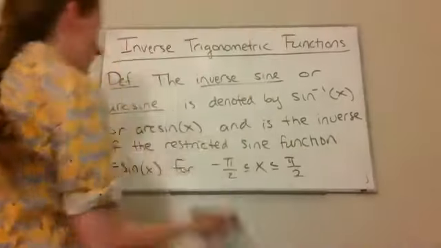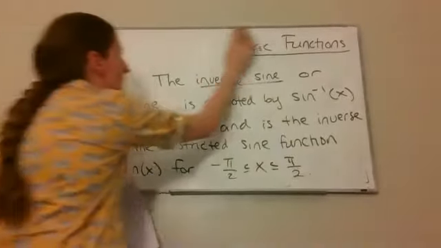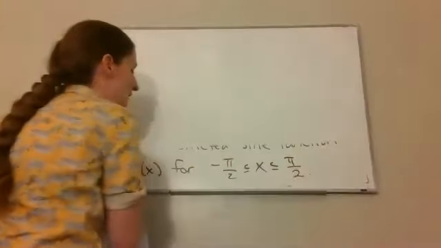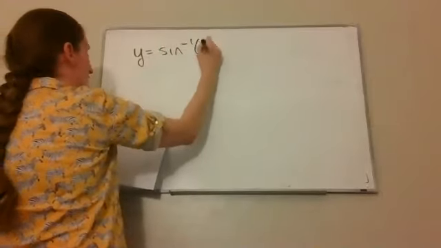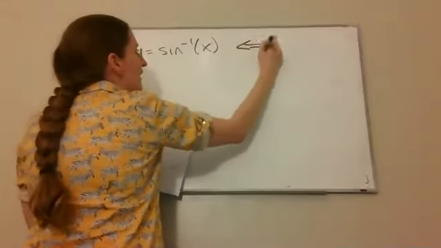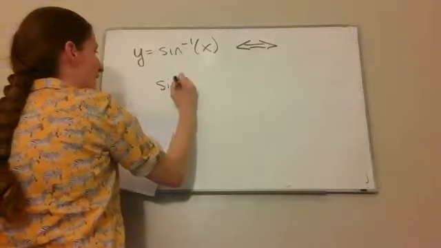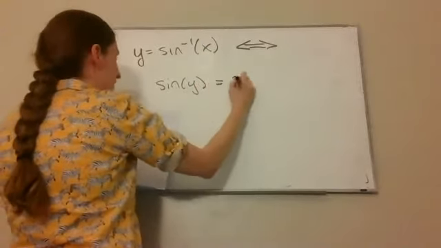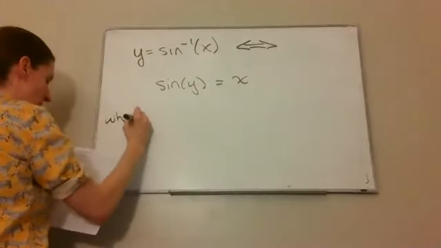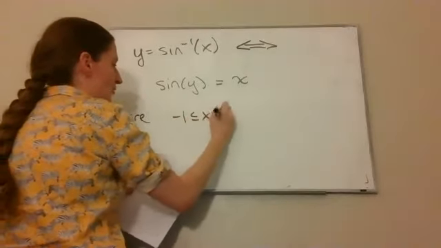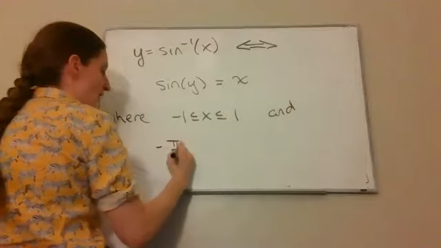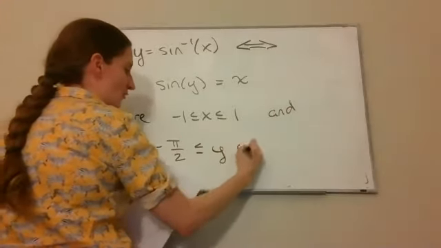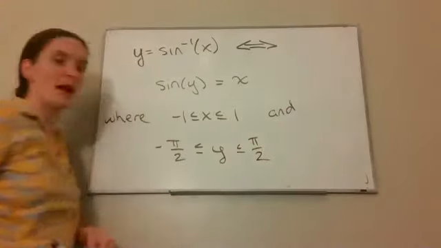So in other words, let me write the definition we're going to be using. y is equal to the inverse sine of x if and only if sine of y is equal to x, where x is between -1 and 1, and our outputs are in between -pi/2 and pi/2.